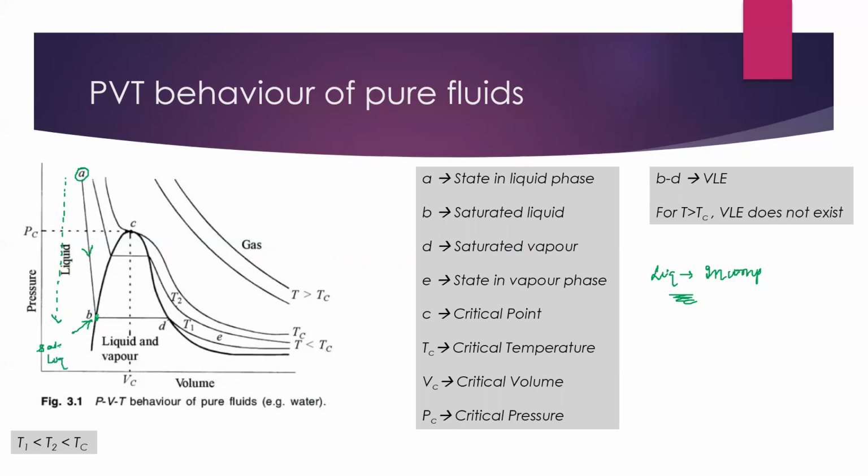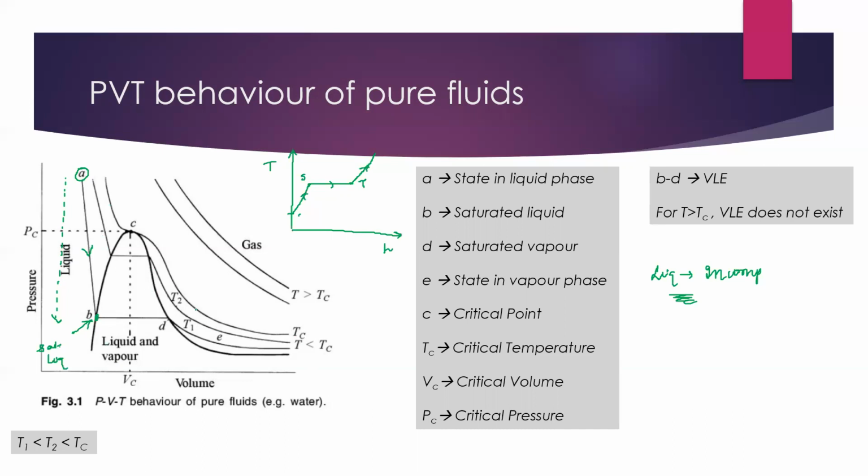Then from B to D, in the temperature versus enthalpy diagram, if you remember, the liquid started from here, then S used to be saturated liquid, then T used to be saturated vapor, and then further superheating. So this was the temperature versus enthalpy diagram, and this is the same diagram, just in pressure versus volume.